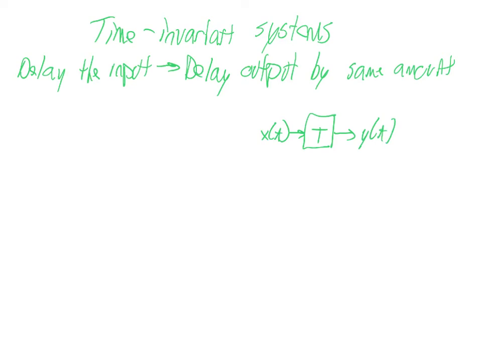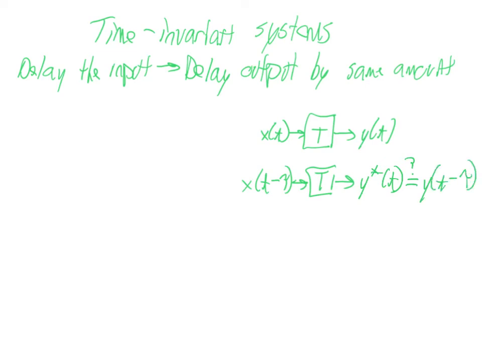Now, if I then take that signal and I delay it by tau seconds, I don't want to use capital T to mean two different things here, then I get another output which we'll call y star. And if that y star is equal to the original output delayed by the same time delay tau, then we say it is a time invariant system.